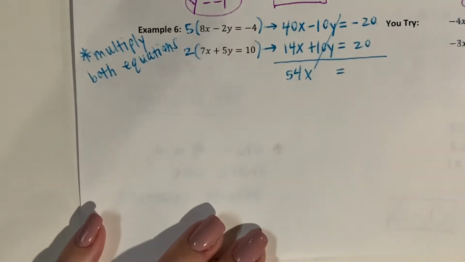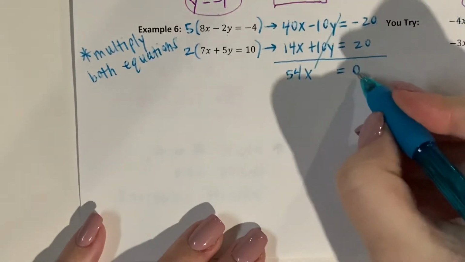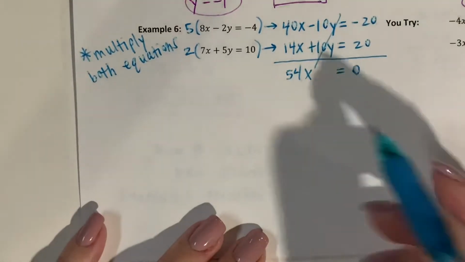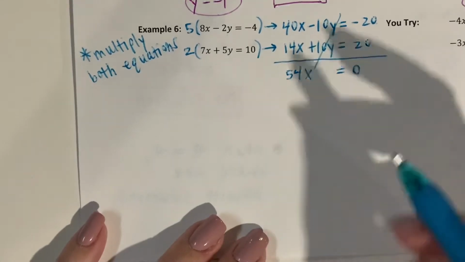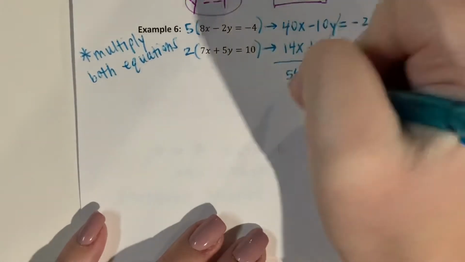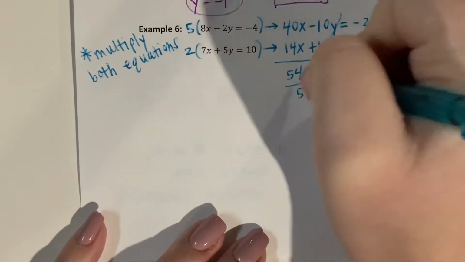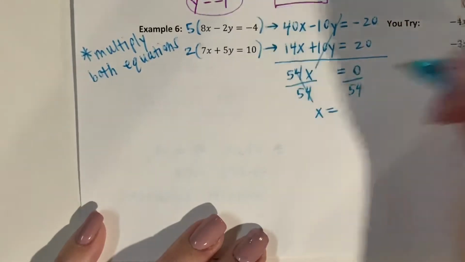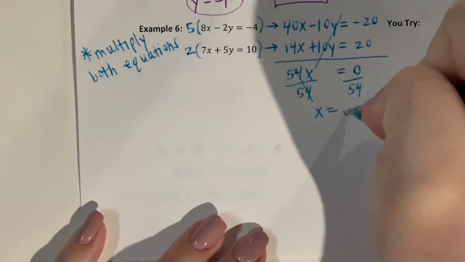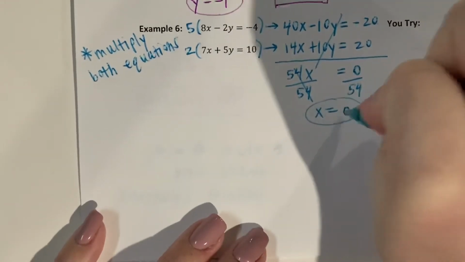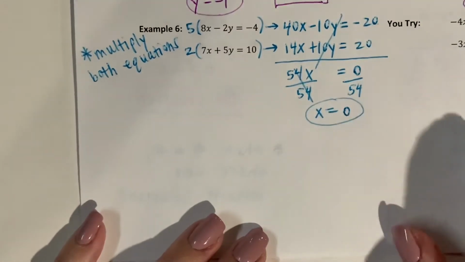Negative 20 plus 20 gives me 0. No big deal that I have 54x equal to 0. I'm still just trying to get x by itself. So to undo 54 times x, I will divide by 54 on both sides. Makes it kind of nice because 0 divided by anything is just 0. So x is 0. I have half of my solution.